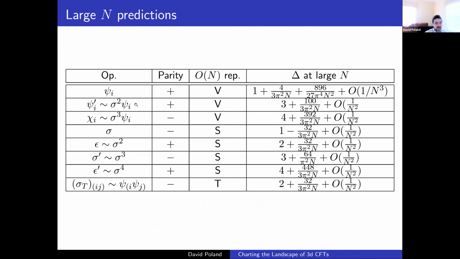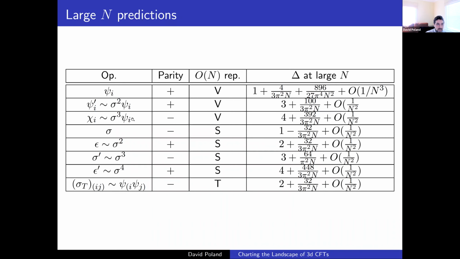That operator would have been a low dimension parity odd O(N) vector, so this chi sector. But because of the equation of motion at large N, the leading operator in that parity odd O(N) vector sector starts at 4 rather than 2.